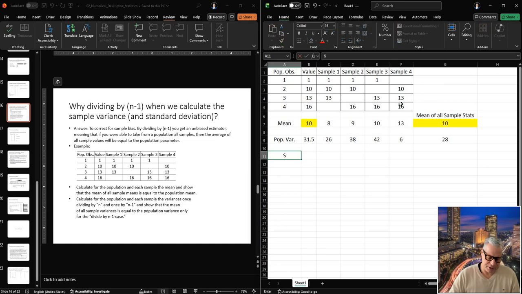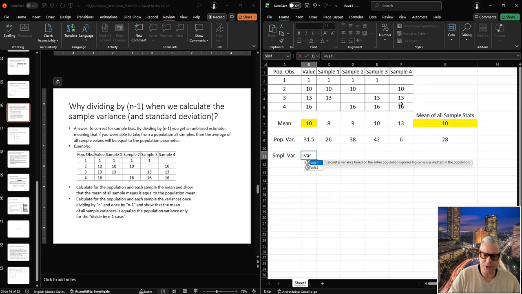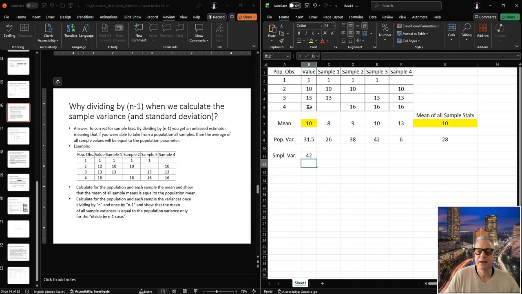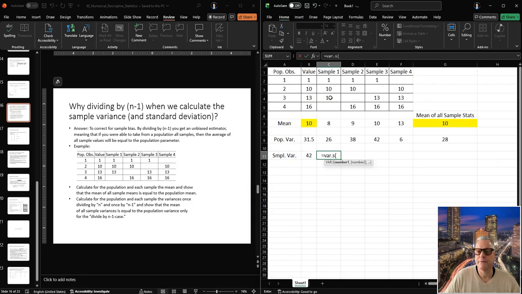Now let's do the same thing using the sample variance formula, which divides by n-1, and in Excel the formula is VAR.S. The S stands for sample. Now we get 42 for the population. Let's do the same thing for the 4 samples. Sample 1, 39. Sample 2, 57.